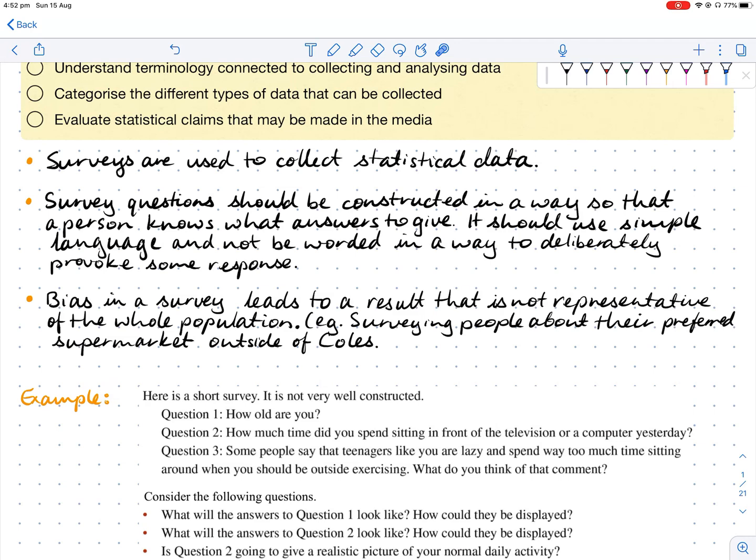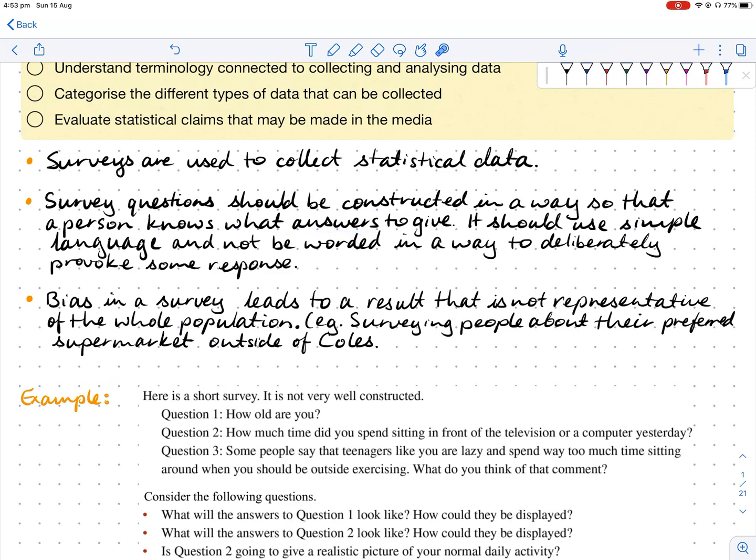Now, when we're constructing survey questions, so putting a survey together, it's really important how we put one together so that the person who's answering it knows exactly what they need to say. They know what type of opinion they need to give. So survey questions should be constructed so that they know what the question's actually asking for exactly.